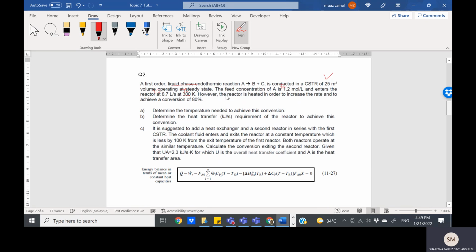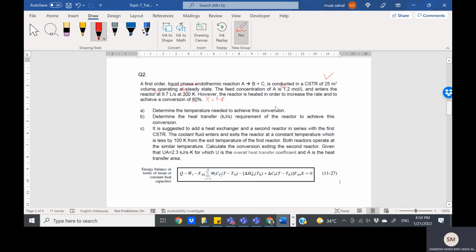However, the reactor is heated in order to increase the rate and to achieve a conversion of 80%. So the X maximum to be achieved is 0.8. You need to determine the temperature needed to achieve this conversion. Again, you need to get back to how the temperature is related.